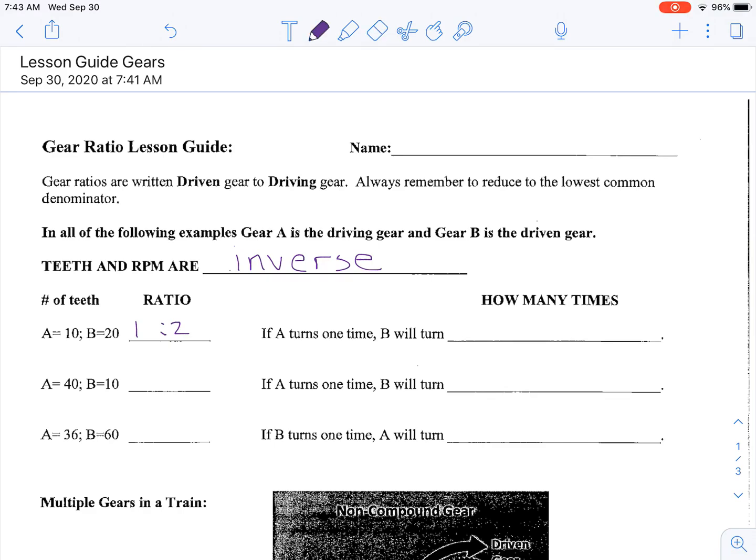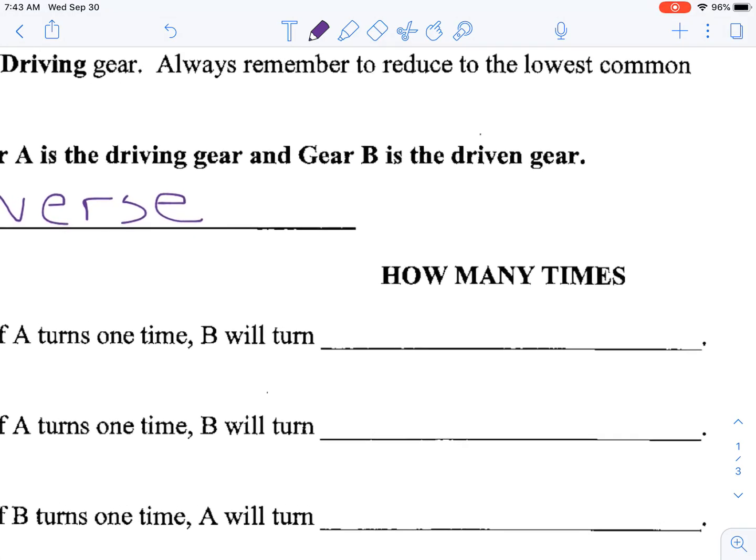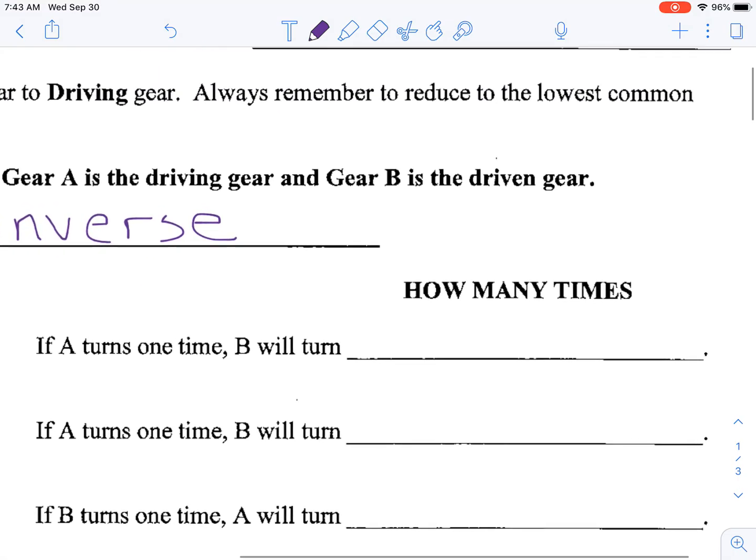And as far as how many times it will turn, that is solved by an inverse proportion. So how we solve it is we say that the gear ratio is 1 to 2, and this is A and this is B. I would always put those little notes in there for myself.